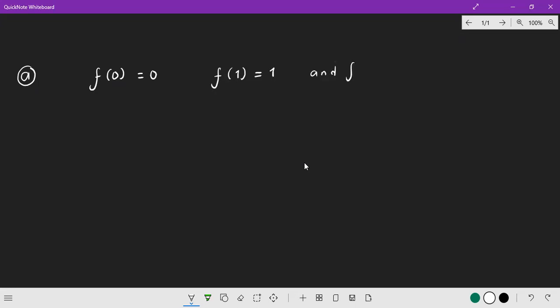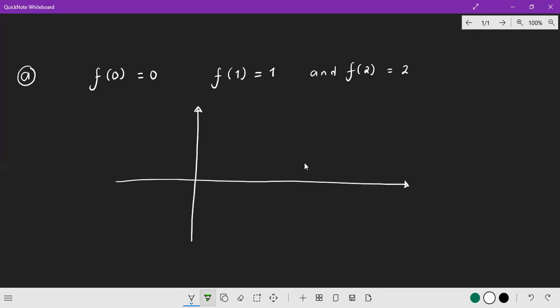Now remember the cubic spline. Let me just draw this first so that I can use it for illustration. So that's the y-axis, and you have the x-axis. You have 3 data points here.